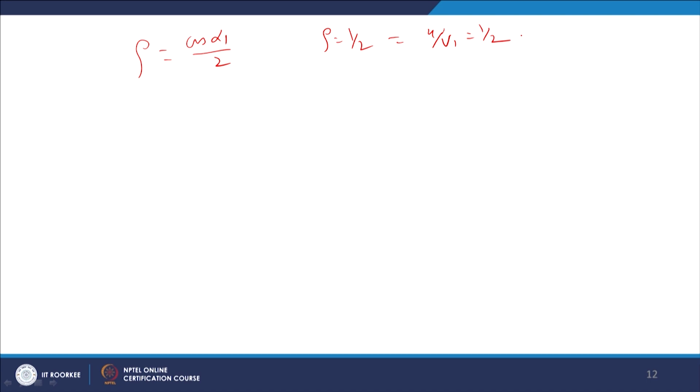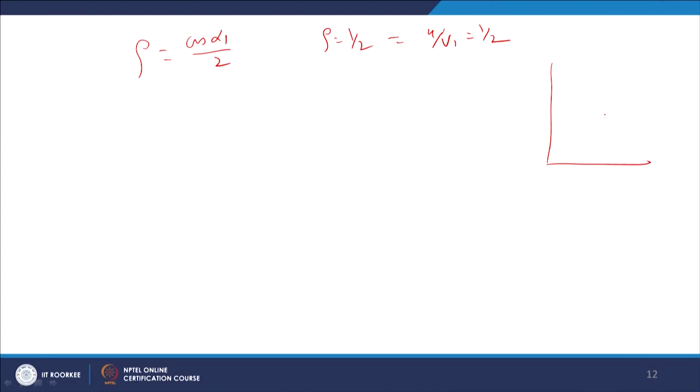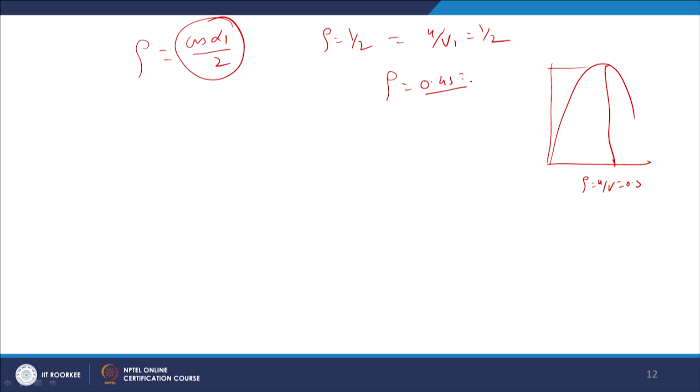As you remember from the previous lecture, we found that at rho, u by V, equal to 0.5, efficiency is maximum. But here it is cos alpha 1. Normally, while designing a steam turbine, the value of rho is taken as 0.45 to 0.55, not exactly 0.5.